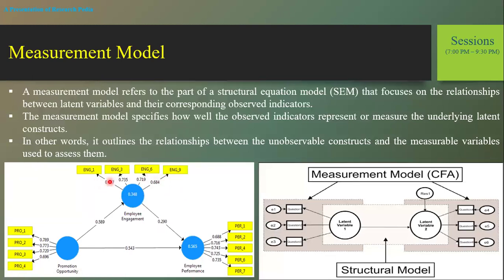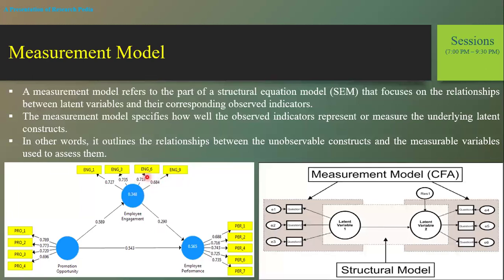It means the remaining factors may have been deleted due to a low level of factor loading. So we need to see whether the factor loading is greater than 0.70 or less than 0.70. Some researchers suggest that you should have a factor loading greater than 0.70. If the factor loading is less than this level, sometimes the criterion you can follow is 0.60. So if you have a factor loading below 0.60, you can delete that factor.